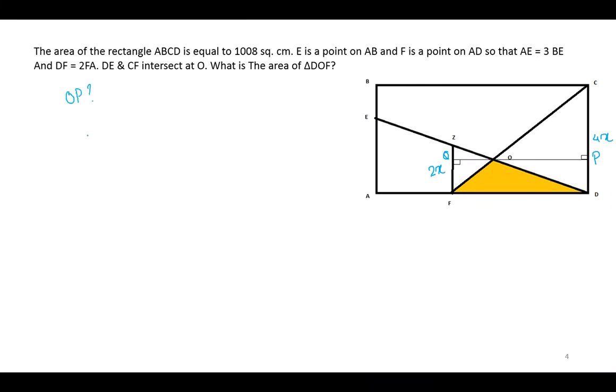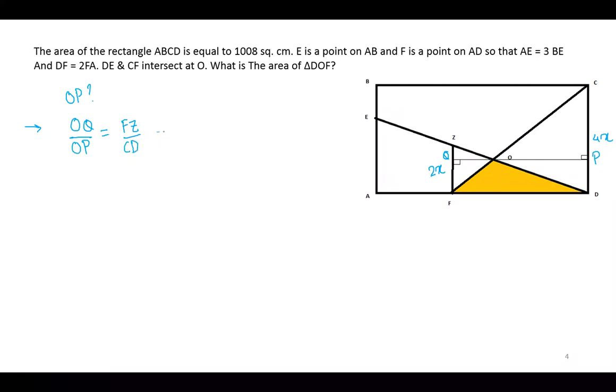Now we'll use the property that we covered in the last slide. That was basically that the ratio of the altitudes is going to be equal to the ratio of the corresponding sides. This means that OQ over OP is nothing but FZ over CD.